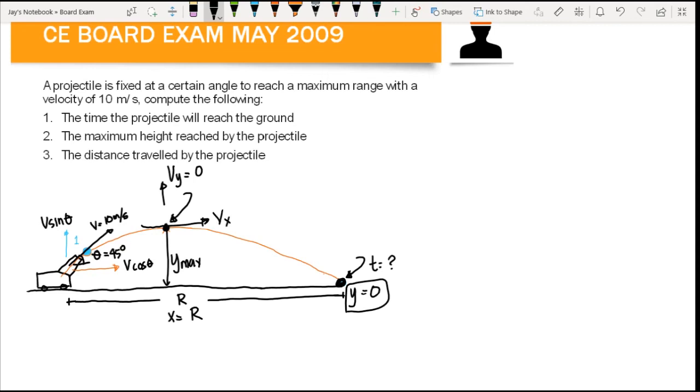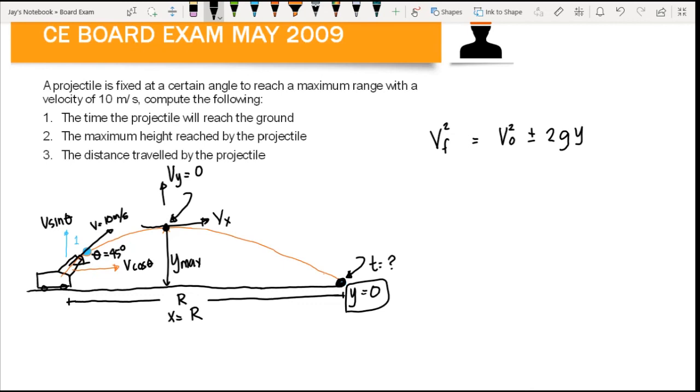So in this case, we will be using a formula: the final velocity squared is equal to the initial velocity squared plus minus 2 times the gravitational acceleration times dy. Okay, so this is one of the formulas that we need to familiarize in solving kinematics. Since in this case, we are still referring to the vertical distances, we will be using the vertical component of the velocity.